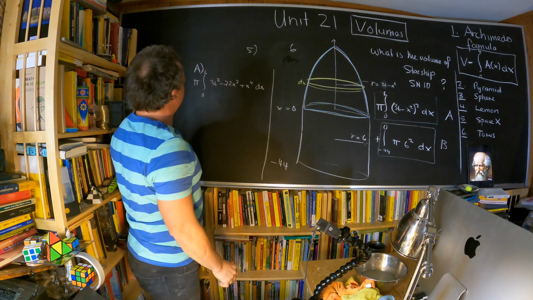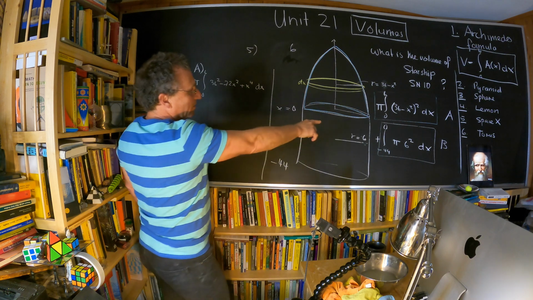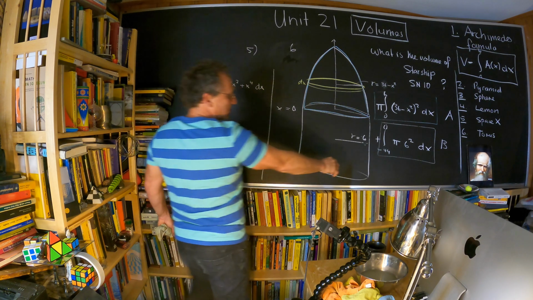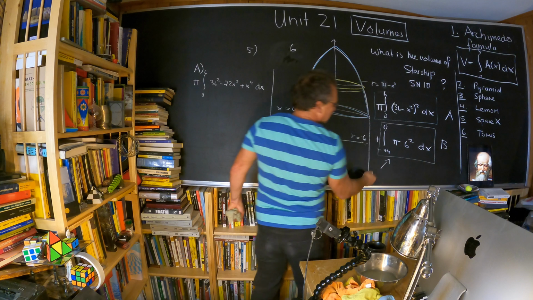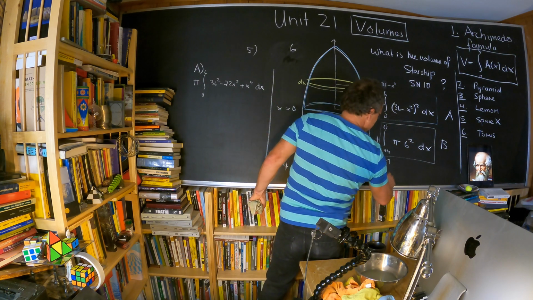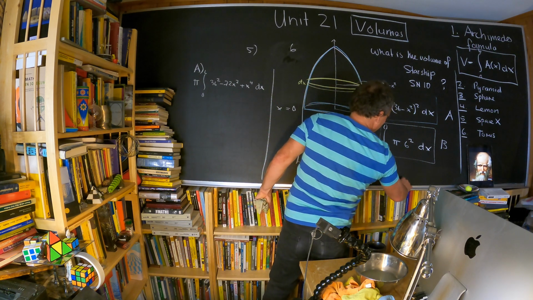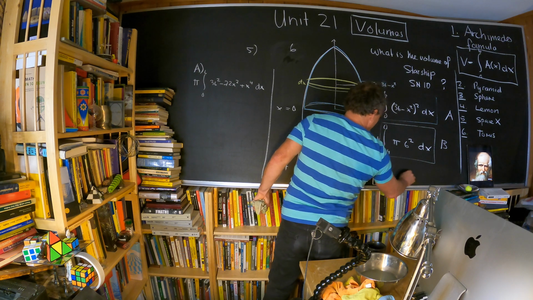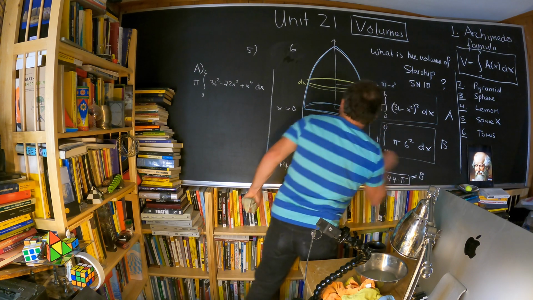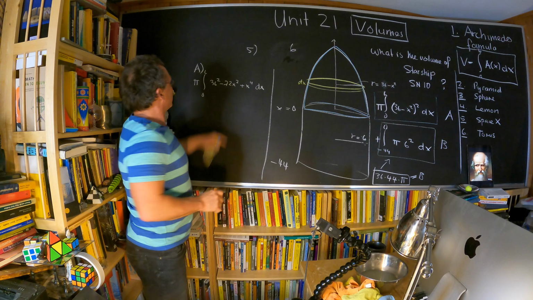And then the B part is easy. The B part we can actually directly get. This is just 36 times 4 times pi. So that's B. And this one we have first to compute.